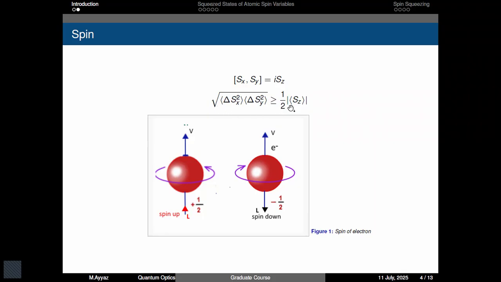The uncertainty relation that these three components are going to follow will be like this, and it is quite different from the uncertainty relation for the quadrature operators, and we will see how it is going to be different when we consider the squeezing of spin variables in two-level atom and multi-atom systems.